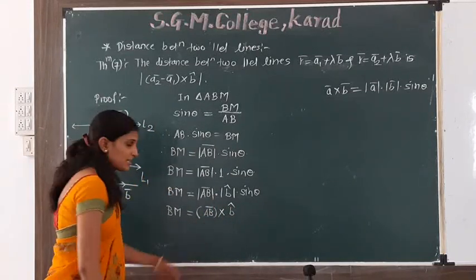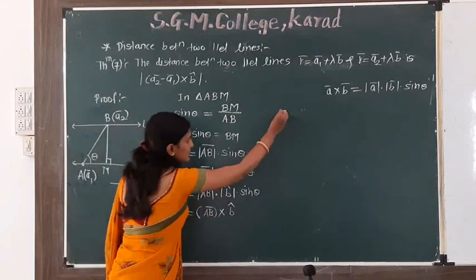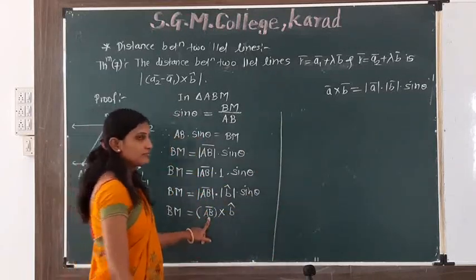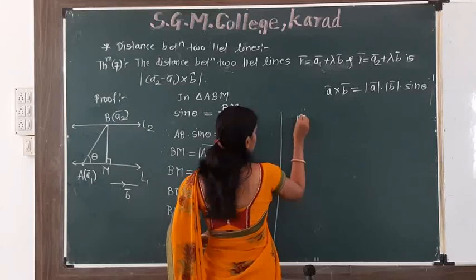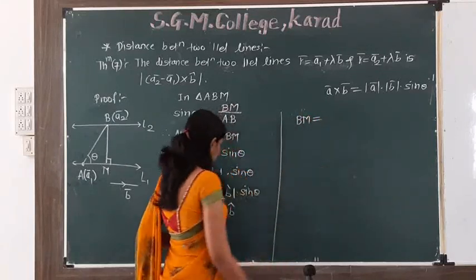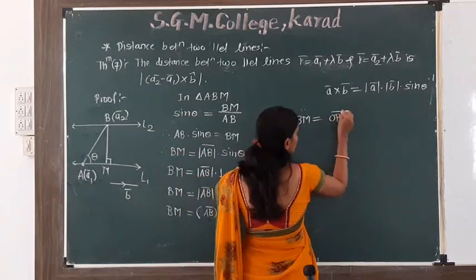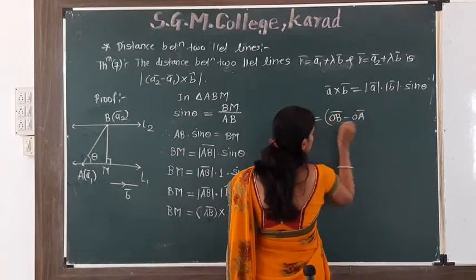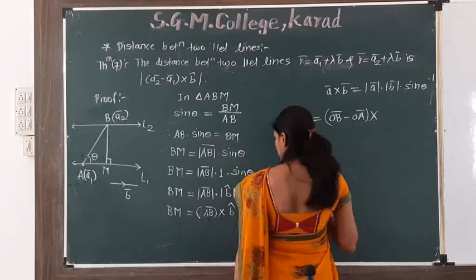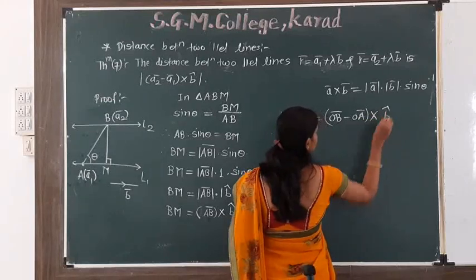And what is AB bar? AB bar is OB bar minus OA bar. So BM is equal to (OB bar minus OA bar) cross product B cap.